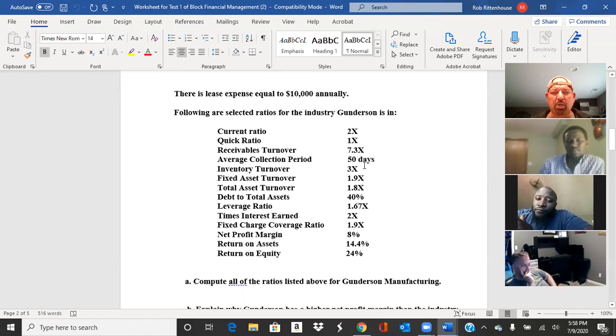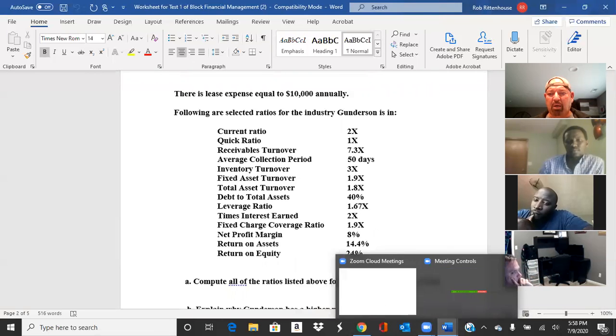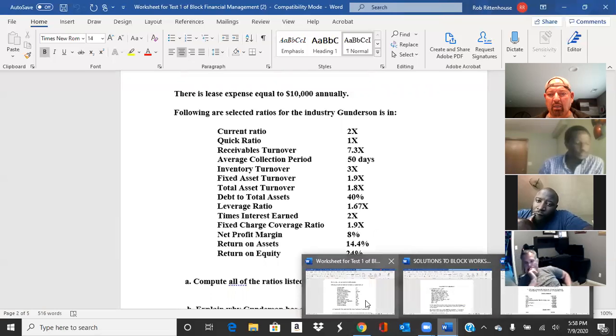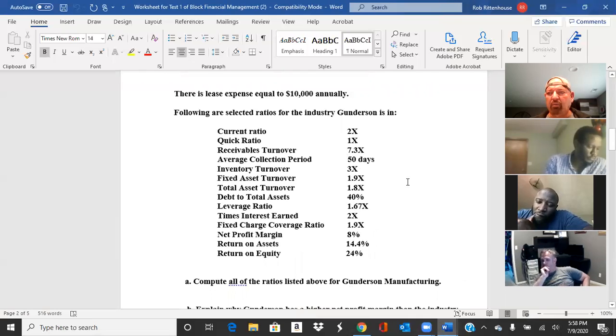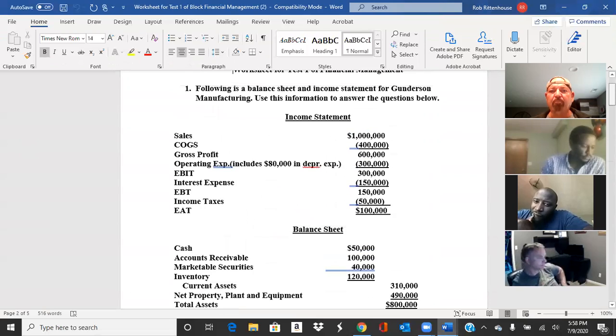Okay, next is inventory turnover, which is sales divided by inventory. So if we go back up here, again, total sales were $1 million. Inventory was $120,000.